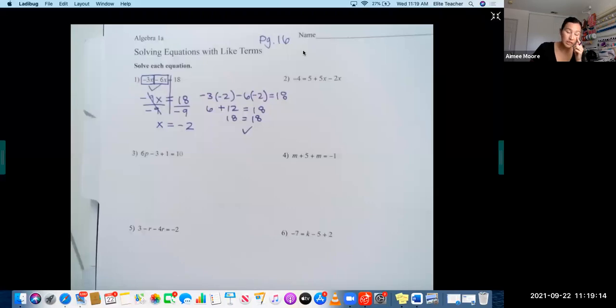If you have any questions, you can send it to me in the chat while you're solving number 2. If you get stuck.